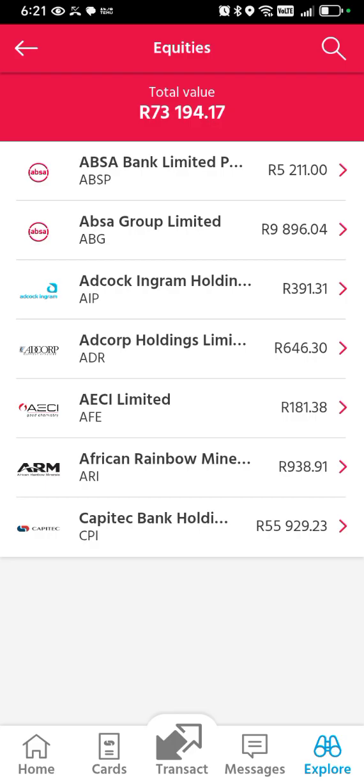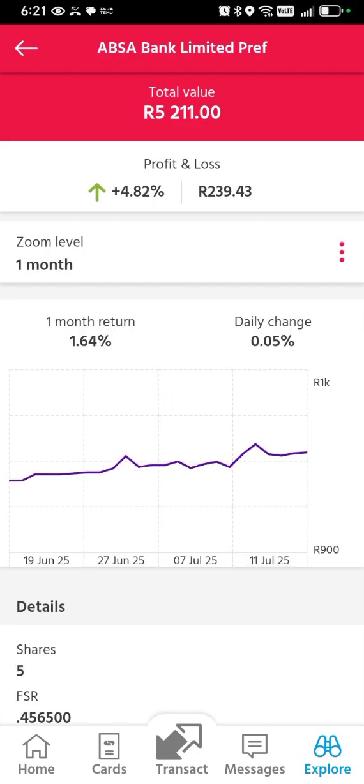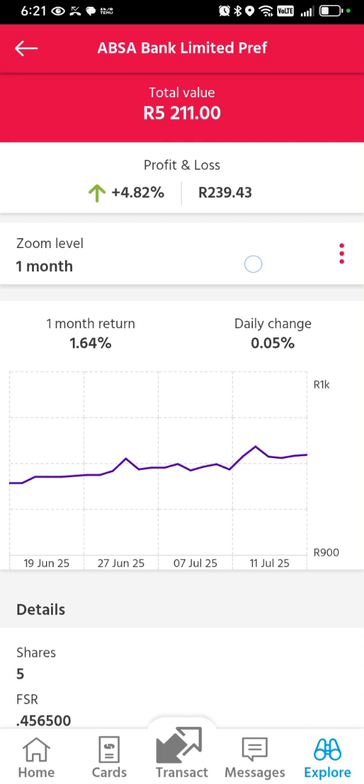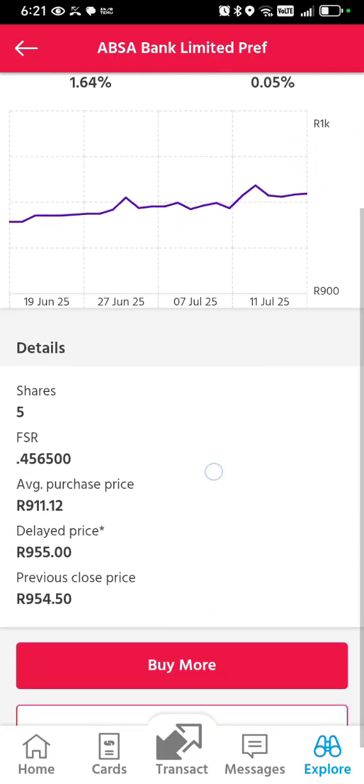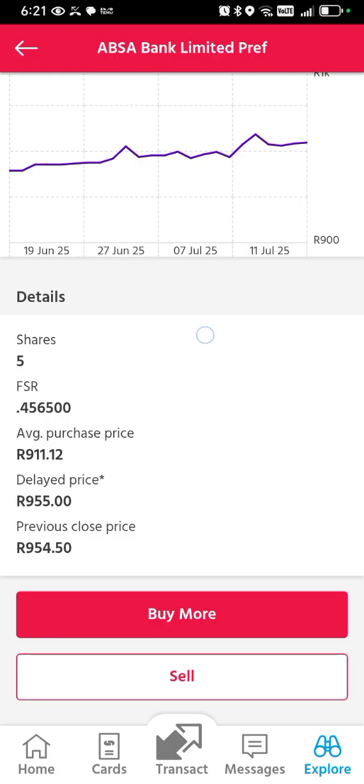So these are the equities that I bought. Let's check here. In Absa Bank, I invested in my demo like 5,211, and my profit is 4%, which means it's increased by 4%. The total shares is 5 shares that I bought.